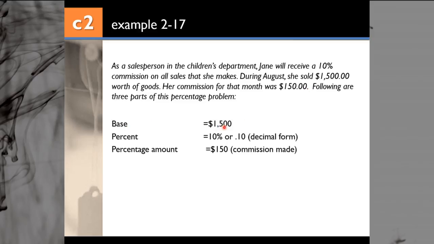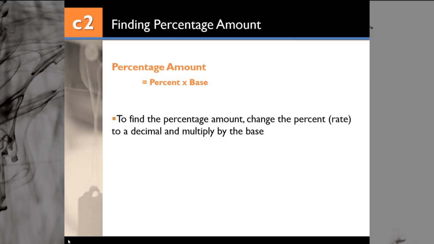So $1,500 multiplied by 10%, or 0.1, gives you $150. So percentage amount is your percent multiplied by the base. To find the percentage amount, change the percent to a decimal and multiply by the base.